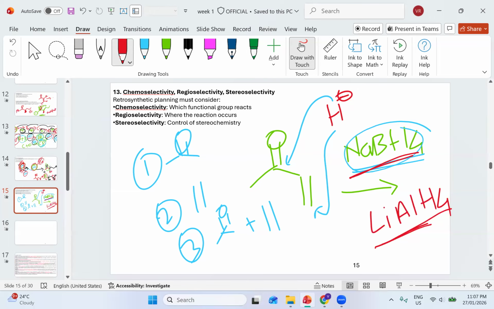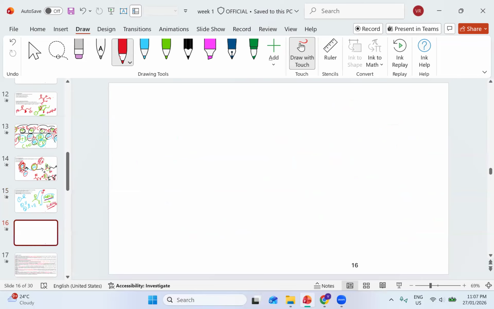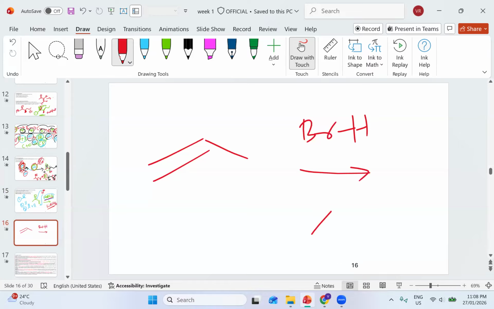Then there is the regioselectivity. Let's say we have a double bond, and we are going to do the addition of HBr on this double bond. So where is the bromine going to attack?